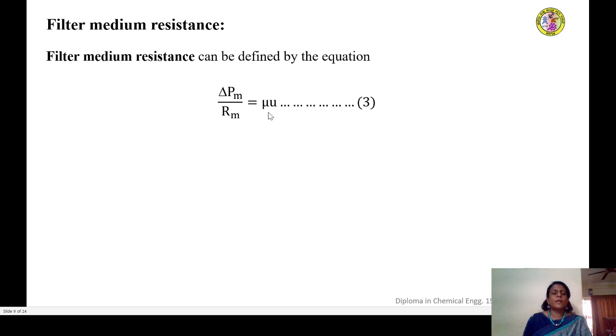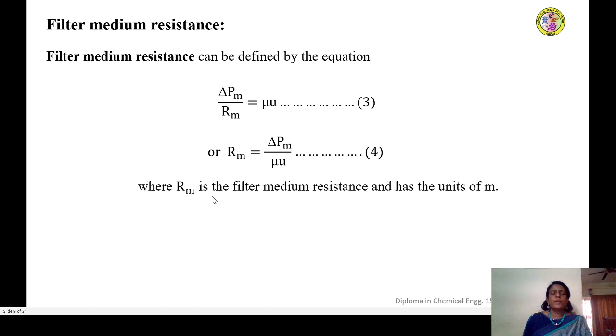Mu and U are the viscosity and the velocity of the filtrate respectively. We can rearrange this equation to get an equation for Rm like this. Rm is equal to delta Pm divided by mu U. Call this equation number 4. Rm is the filter medium resistance and the unit of Rm in SI system is meters.